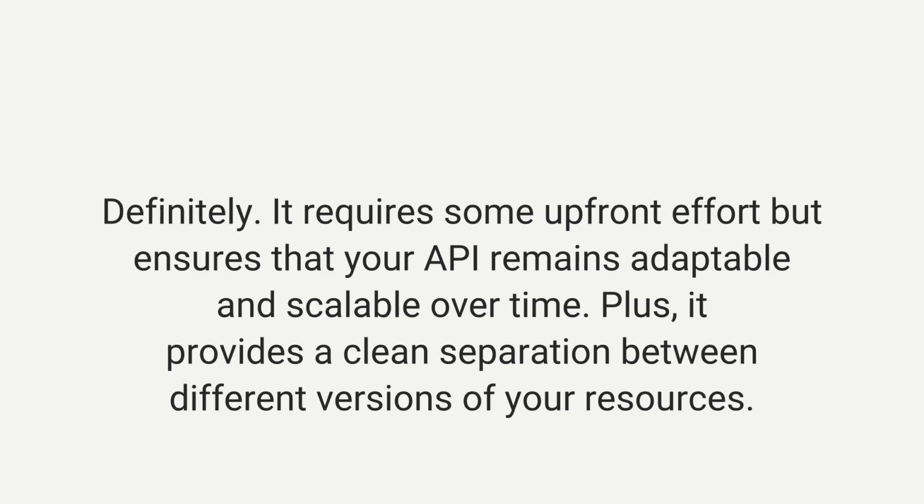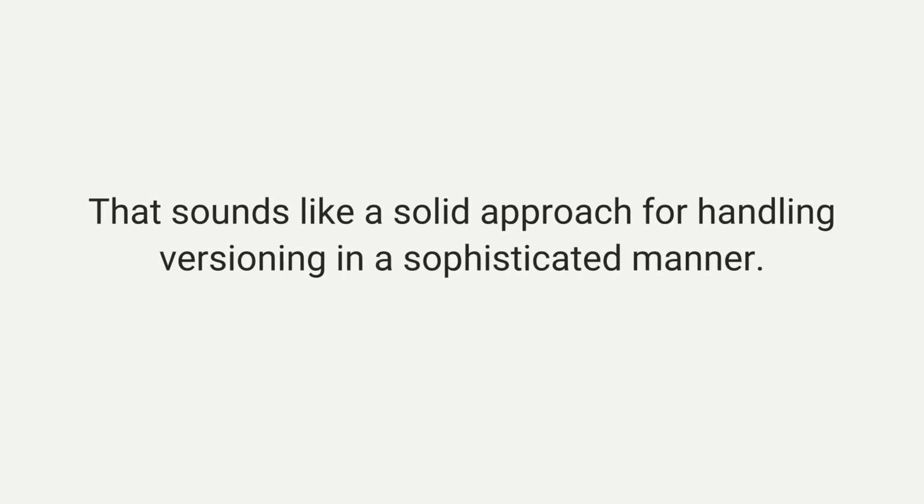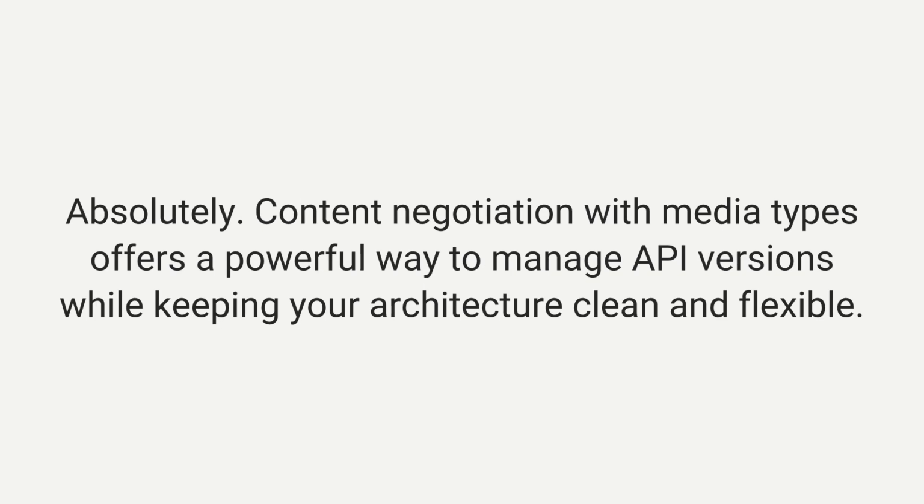Definitely. It requires some upfront effort, but ensures that your API remains adaptable and scalable over time. Plus, it provides a clean separation between different versions of your resources. That sounds like a solid approach for handling versioning in a sophisticated manner. Absolutely. Content negotiation with media types offers a powerful way to manage API versions while keeping your architecture clean and flexible.